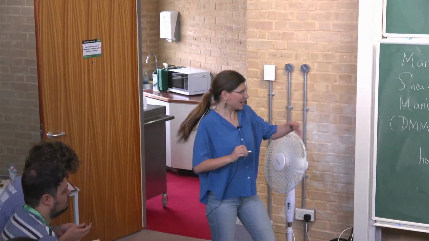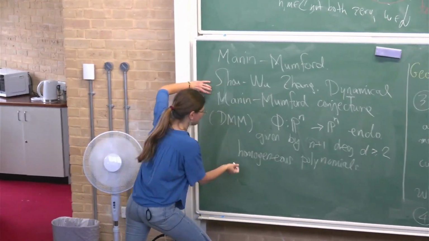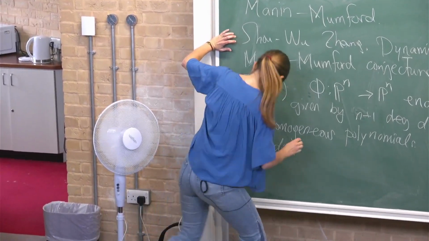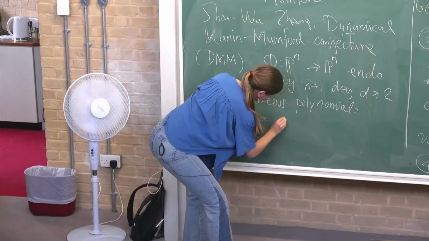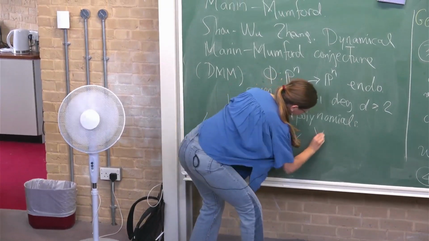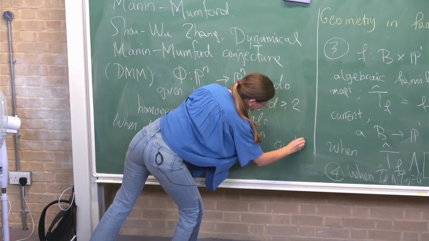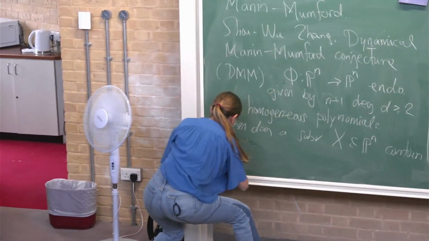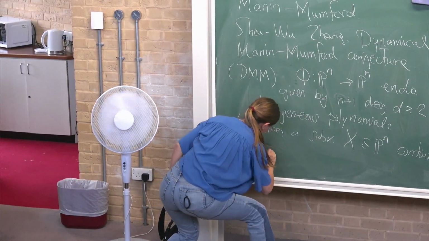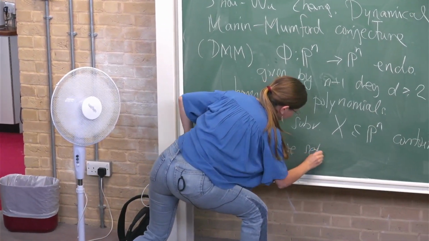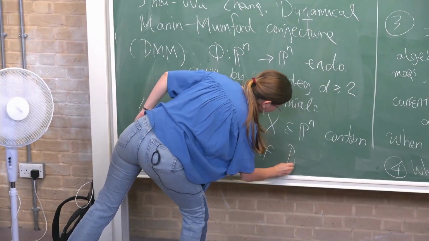And he asked when does a subvariety contain a Zariski dense set of preperiodic points.